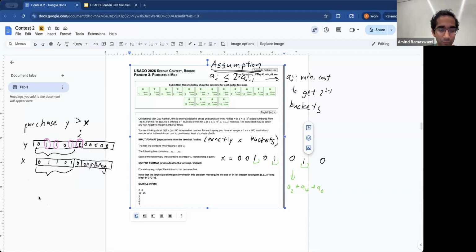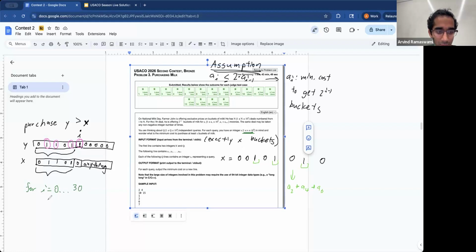So if I were to write this as a for loop, so for i equals 0 up to 30, an important thing is that x is like 10 to the 9, so you only have to care about like 30 values, right?